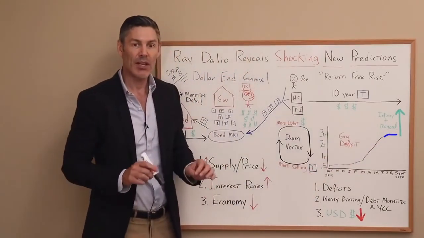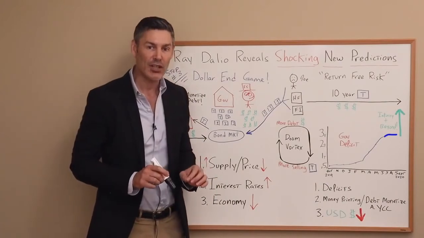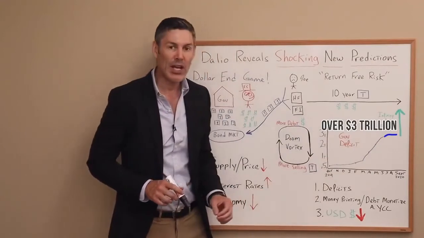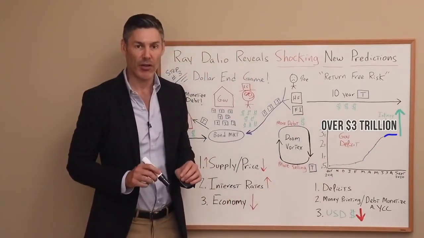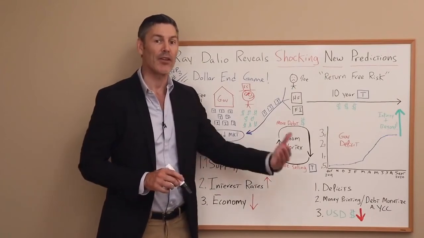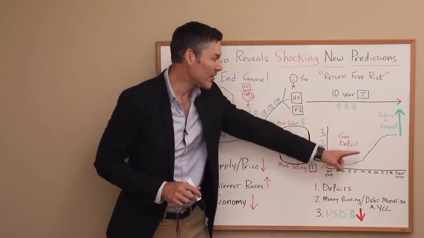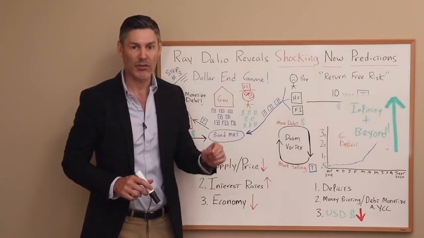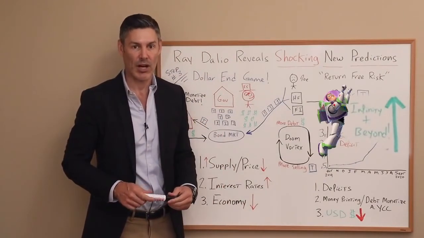And even the government's own projections of what their deficit is going to be is over $3 trillion. And we're not done with the year. I would expect they're going to come out with another stimulus package that's going to take the deficits to infinity and beyond, straight to Buzz Lightyear territory.